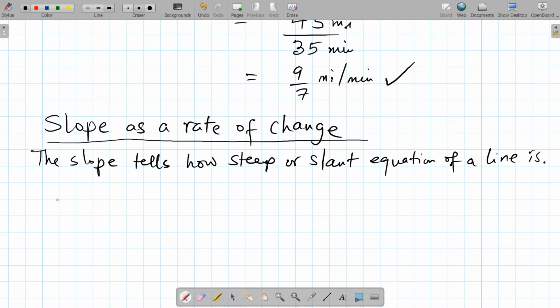As a matter of fact, every line that you have is made up of infinitely many points, many ordered pairs. And so the fact is, if you're able to identify 2 points on the line, basically the line through these points, you should be able to get the slope of this line. So basically slope is the rate of change.